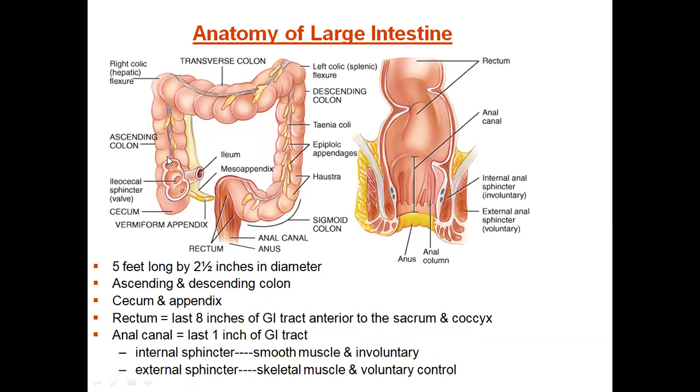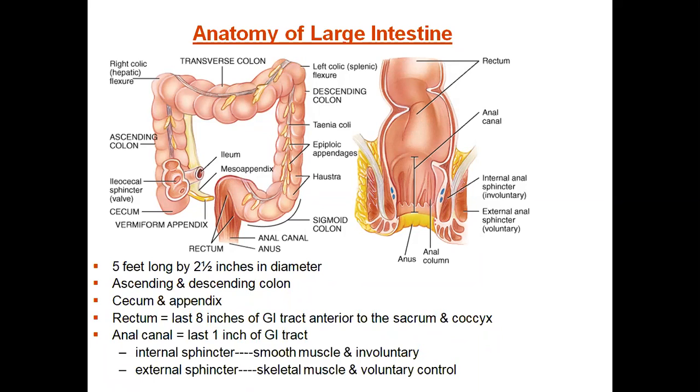So that's what we are going to look at. And this contains 4 major regions. These regions include, 1, the cecum. And after the cecum, we have another structure called the colon. And this colon is also divided into parts that we'll be looking at.